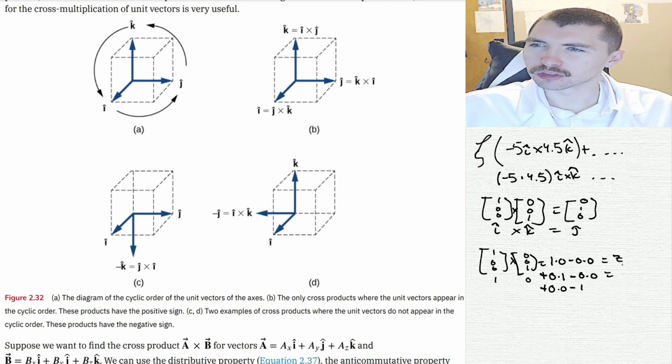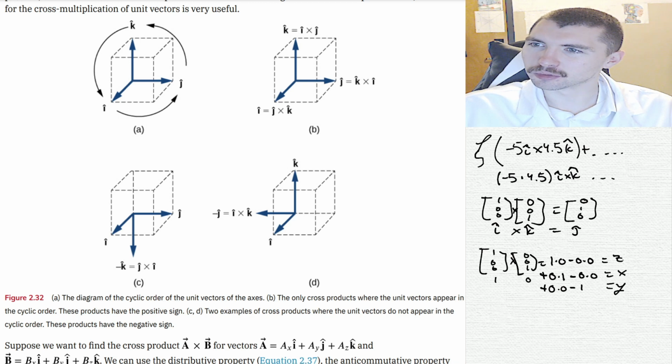So the order should be, what, this is x, this is y. Okay. Really, this should be the third. No, this should be the second.